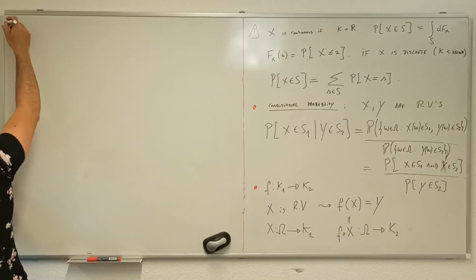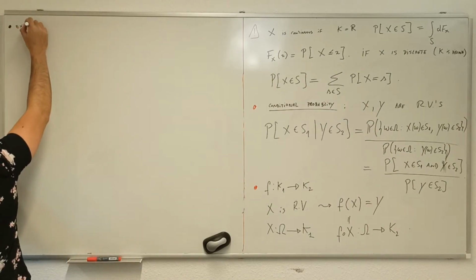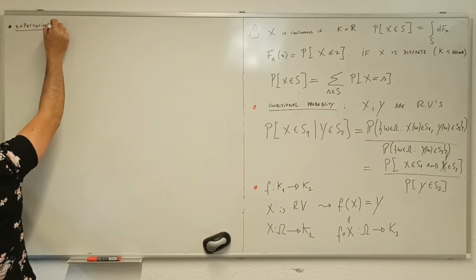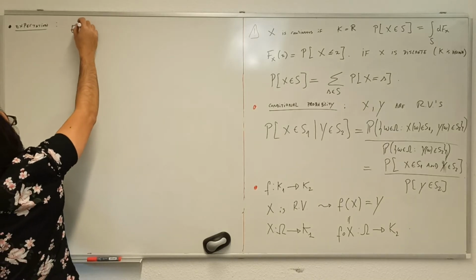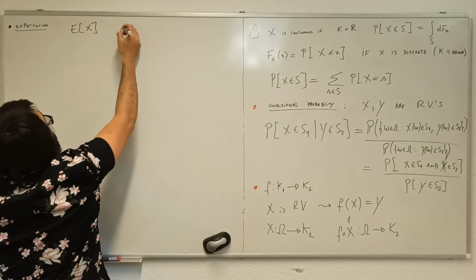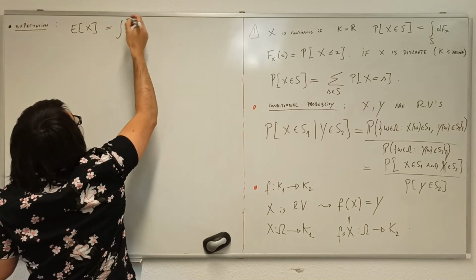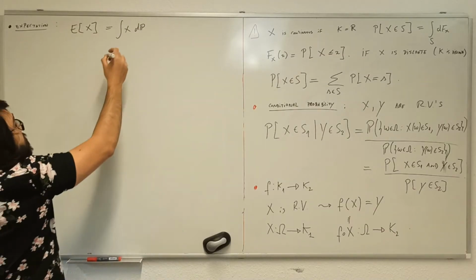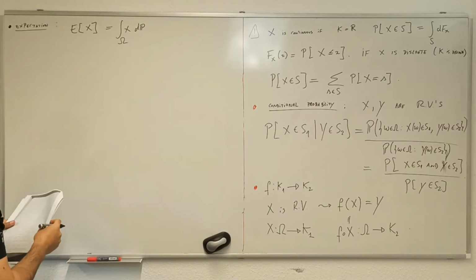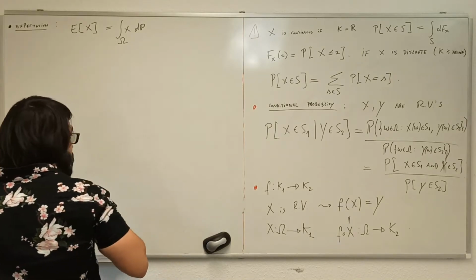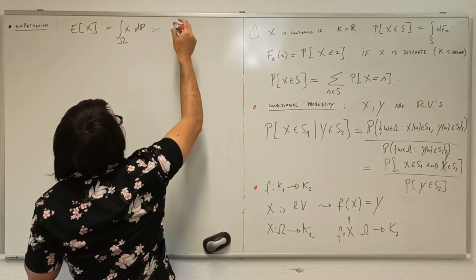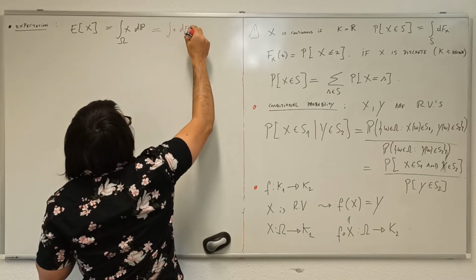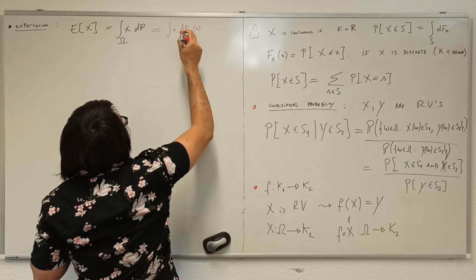You can also define expectation. So what's the expectation of a random variable, which I usually denote like this? Well, by definition, it's just integrating the function X with the probability measure over the space omega. Which would be equal, if X is continuous, to just integrating x dF of x on the real line.